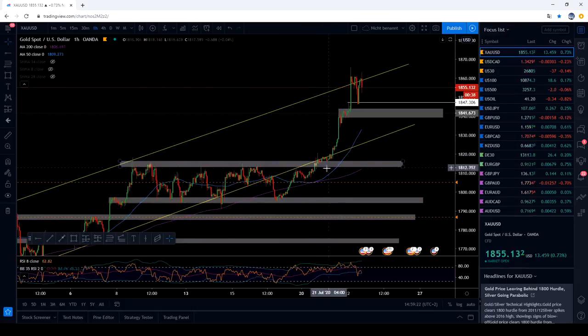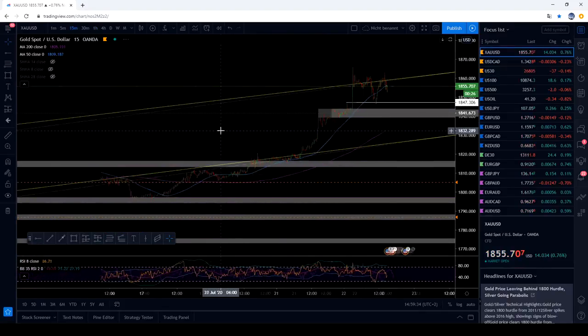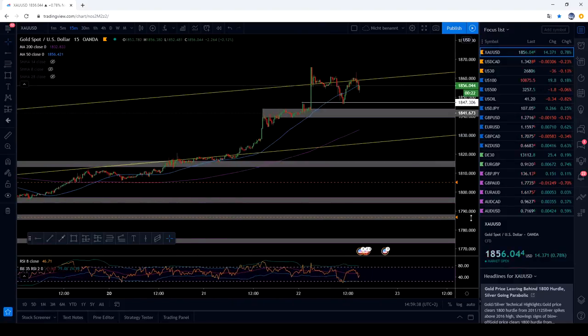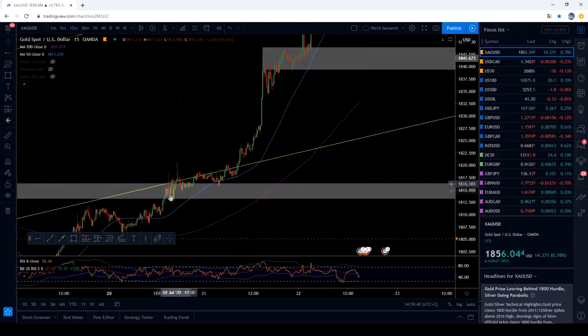And the stop losses were somewhere around this area here. Let's go to the smaller time frame and see where the stop losses were exactly. So I was getting in somewhere around this area here.